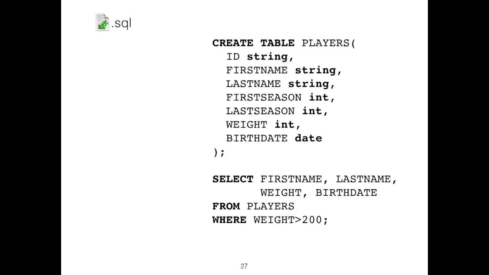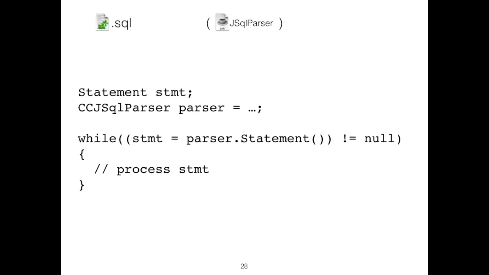So you will get a set of SQL files, and there will be create table statements and select statements in these. JSQL parser, whose documentation is linked from the checkpoint description, will give you the ability to process and translate these SQL files into JSQL parser statement objects.